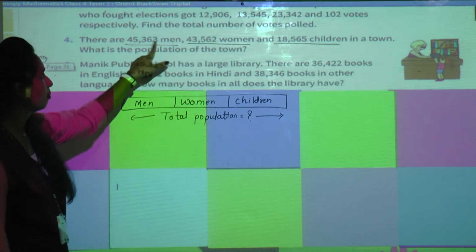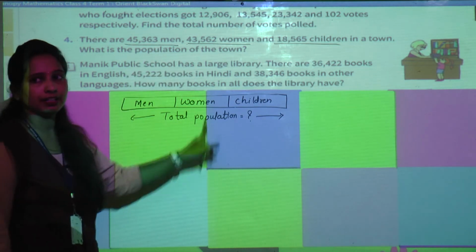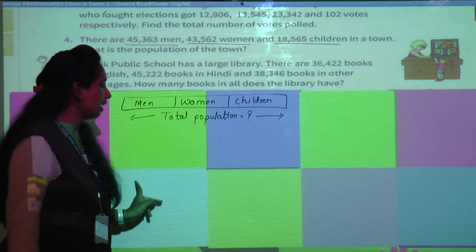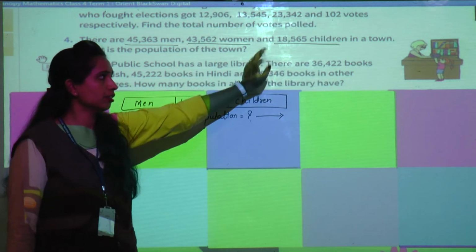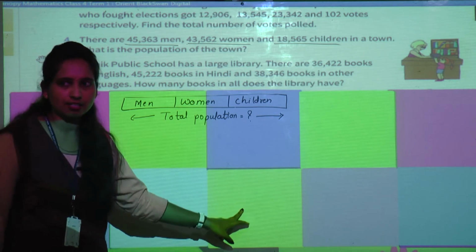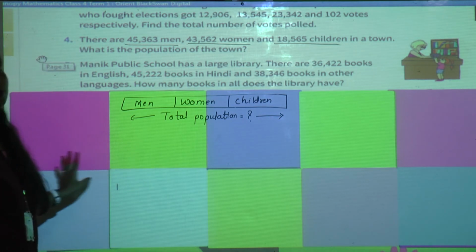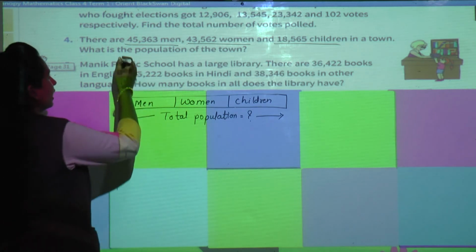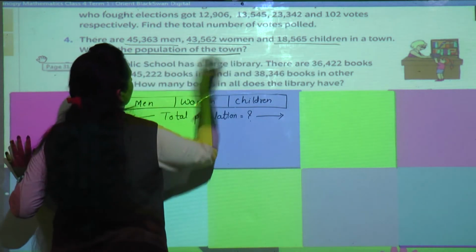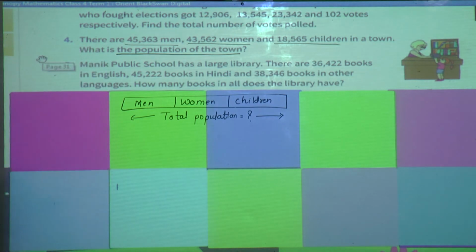Number of men is equal to this number. Number of women is equal to this number. And number of children is equal to this number. When you add all the numbers together, whatever answer you get will be the total population. So how will you write it in a sentence? The population of the town is whatever answer you got. Okay?